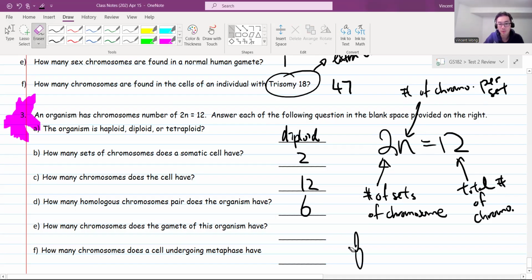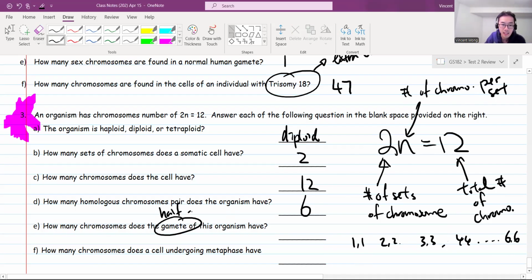Like chromosome 1, 1, 2, 2, 3, 3, 4, 4, 6, 6, right? So 6 pairs. How many chromosomes does the gamete of this organism have? Gamete is always half of total. So total is 12, half of total is 6.